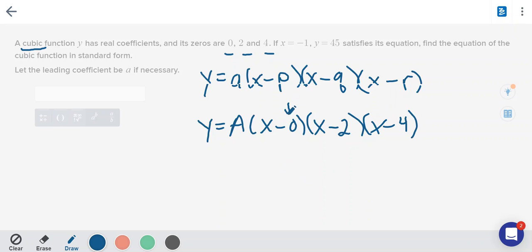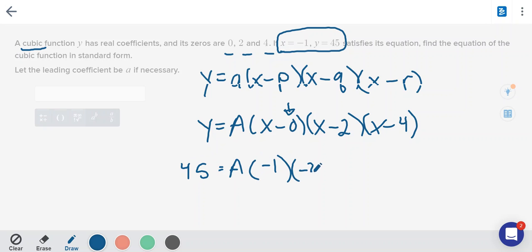Okay, I don't need to write this 0 here. And right here, it's giving me another point in order to find the A value. So I'm going to put a 45 in here, -1. Okay, right now I'm putting a -1 in for the x's.